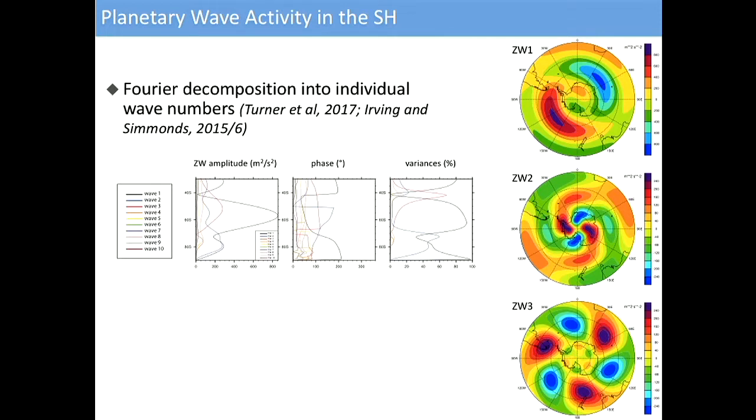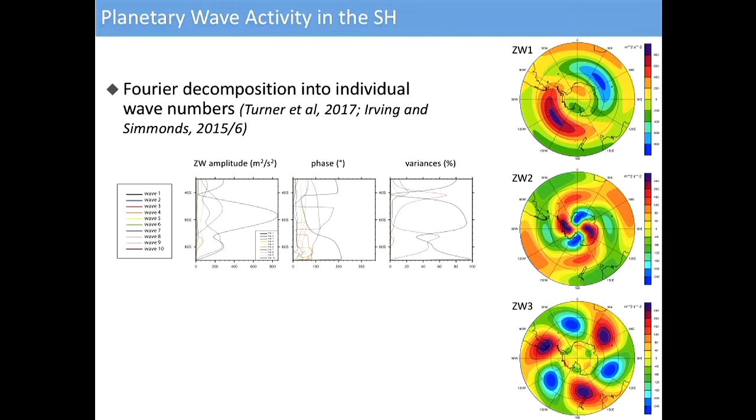There's a nice paper by Turner et al. in the International Journal of Climatology that looks at these waves, their amplitude, phase, and variance, and also any trends we might have seen over the last 30 years or so. Zonal wave 1 is this big one, and then zonal wave 3 is this one.